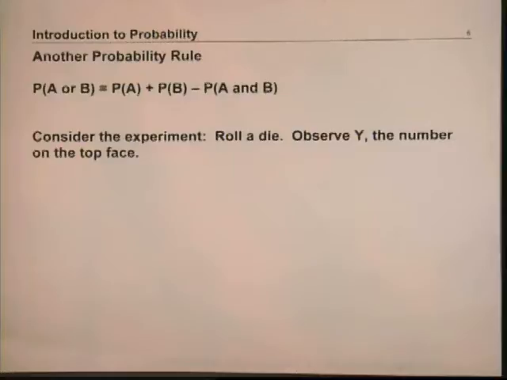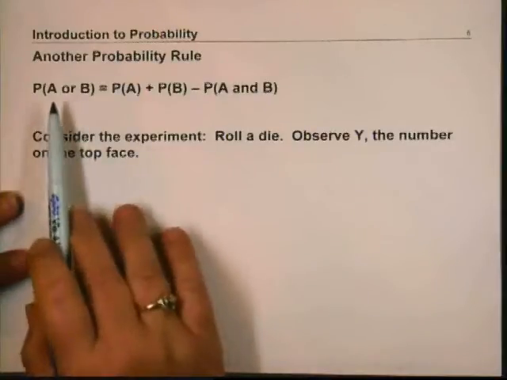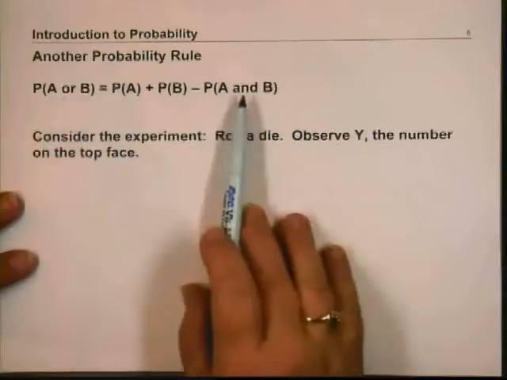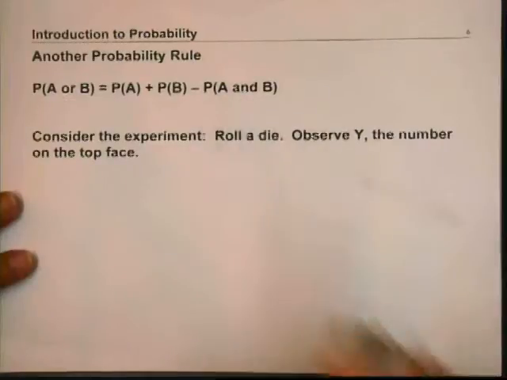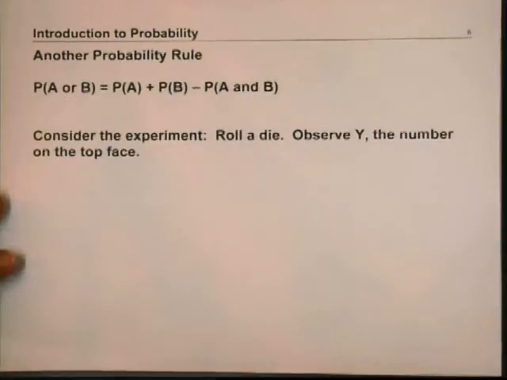So we want to look at another probability rule. We need to know the difference between a logical or and a logical and. Okay? And so in this experiment, again, consider that you roll a single die. We observe Y, the number on the top face. All right.